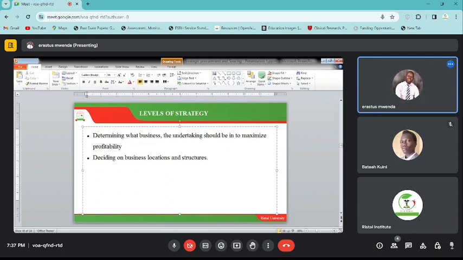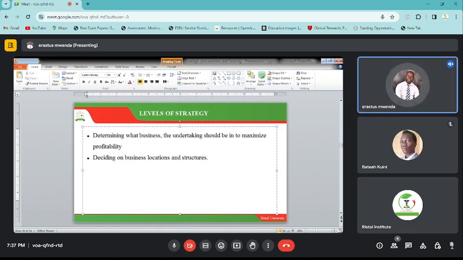And also, as we are doing business strategy, then number 4, it is easier for us to monitor products and markets so that strategies can conform to the needs of the product markets.